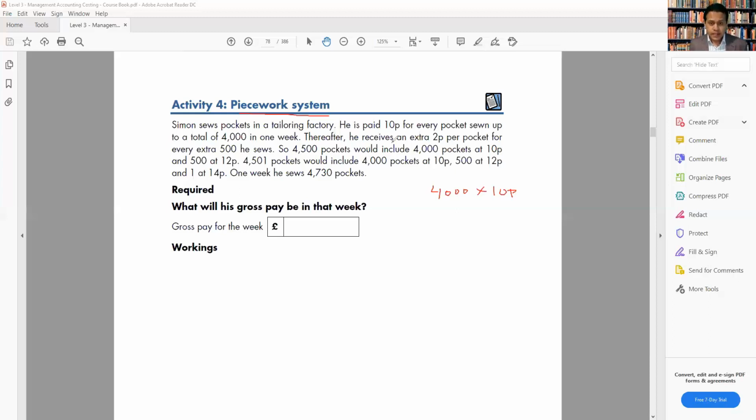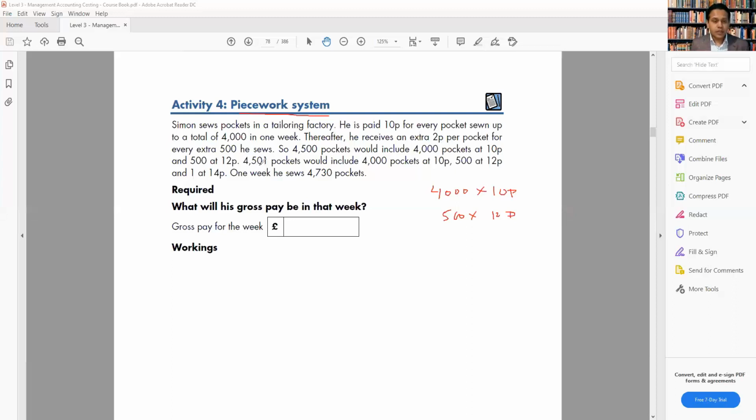Thereafter, he receives an extra 2p per pocket for every extra 500. So the next 500 is 2 pence extra, so that will be 12 pence. Then 4,500 pockets include 4,000 pockets at 10 and 500 at 12.